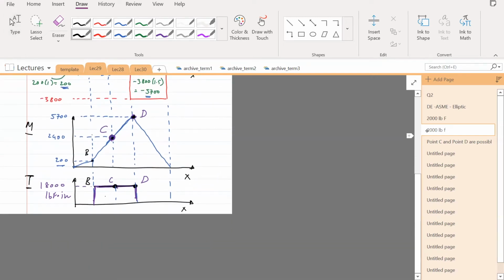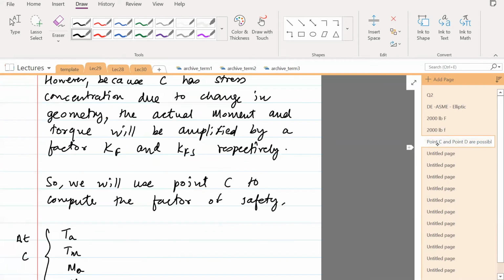Sorry, that's the steady state torque, and since this thing is in this case rotating, the moment has the effect of a sinusoidal amplitude. It won't be an average value. So MA in this case would be whatever it is, 2400, and the mean part would be 0.